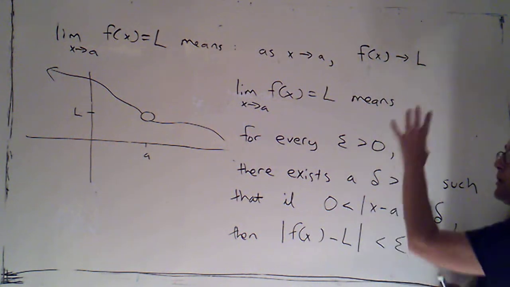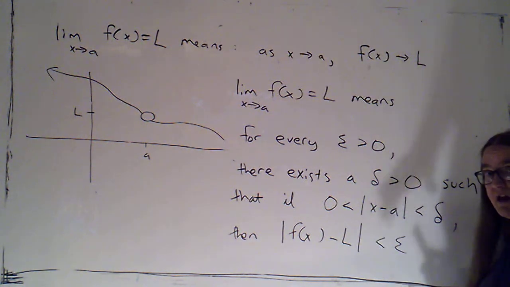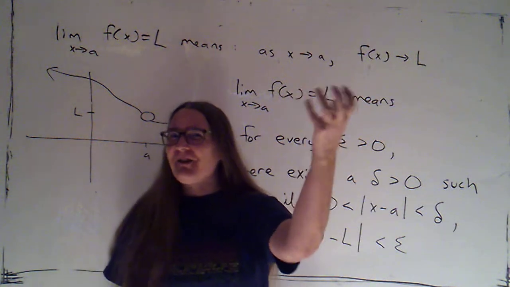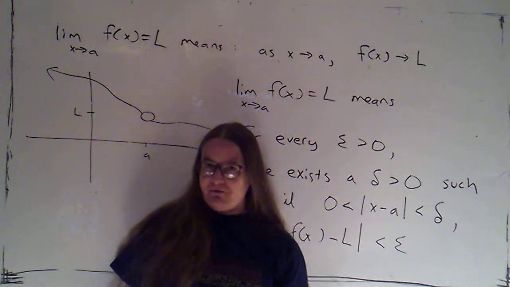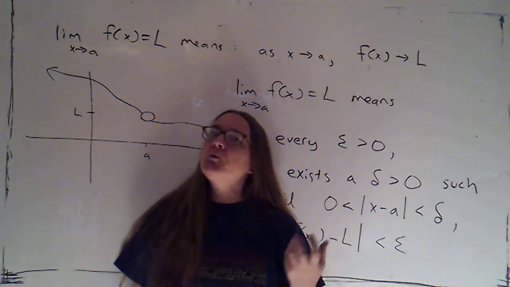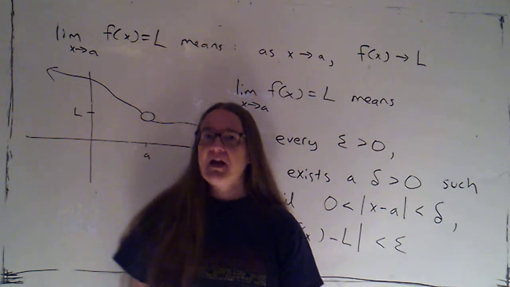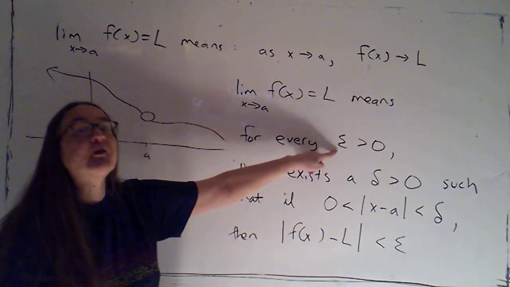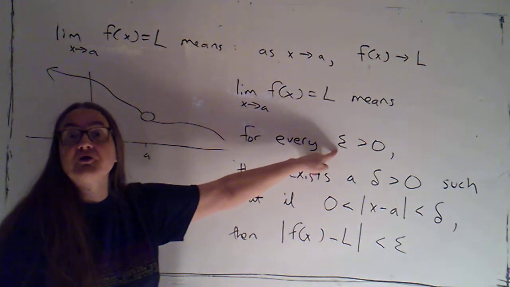Okay, so when we were looking at tolerance, we essentially had the tolerance for our output was like our epsilon value, and we were trying to find the tolerance for our input, which was a delta value, that would work for that particular number. The definition says you got to be able to do it no matter what value of epsilon you're given.